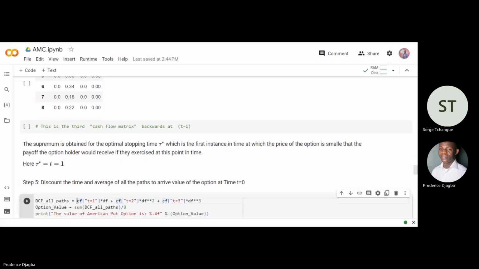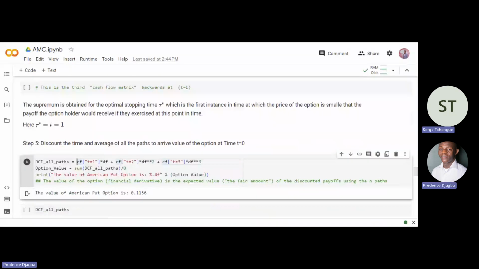The strike is 1.1, and the stock price is 1. So the value is 0.1 at the beginning. Then you compare that to the conditional value and see which one is bigger and put it there.